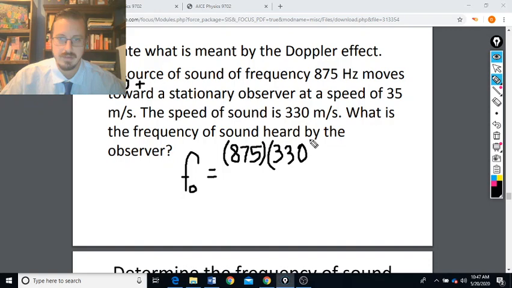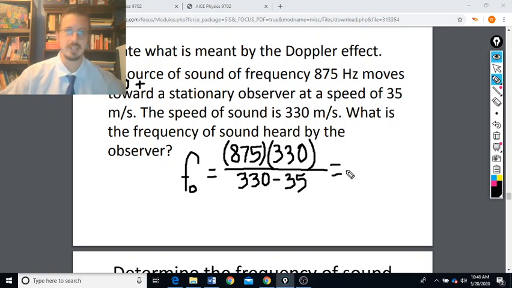That will give us our numerator, the product of those two, divided by the velocity of the wave, which is 330. And because we were so successful in our pop quiz, we know we have to subtract away the 35 meters per second. Can you do that in your head? Or do we need a calculator check?